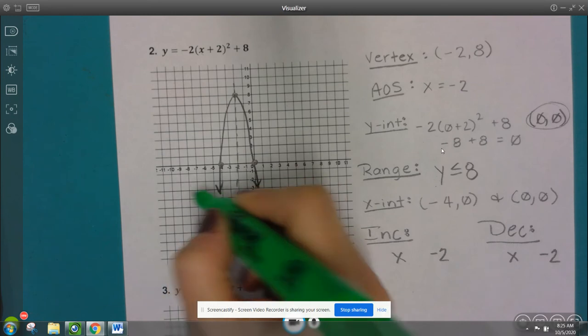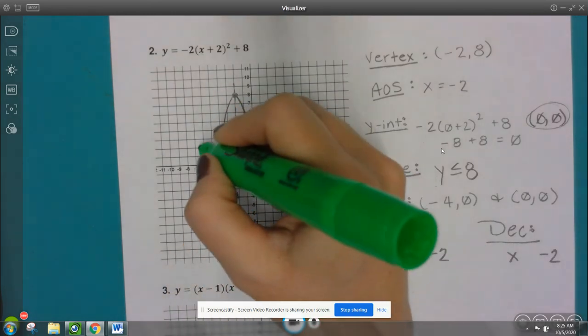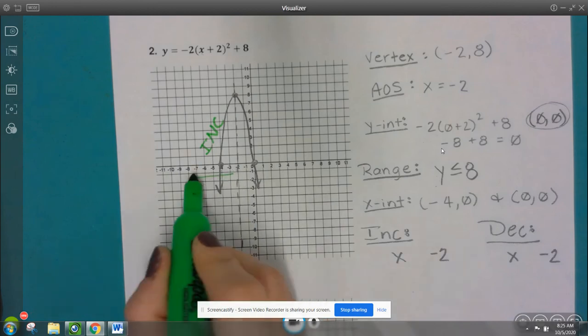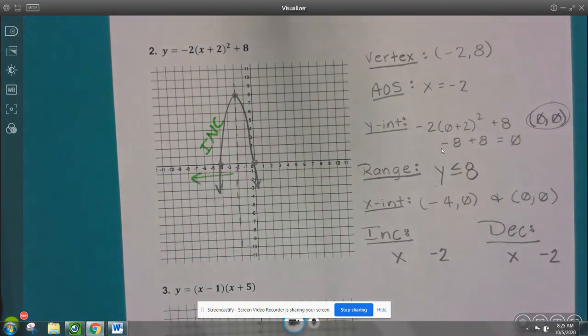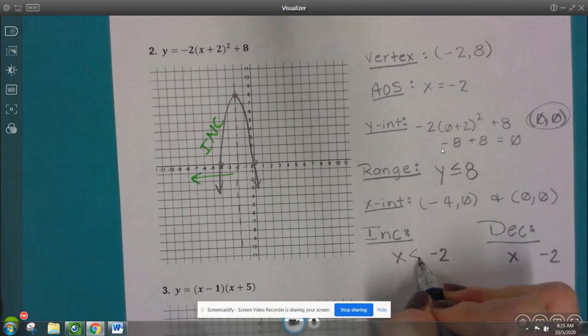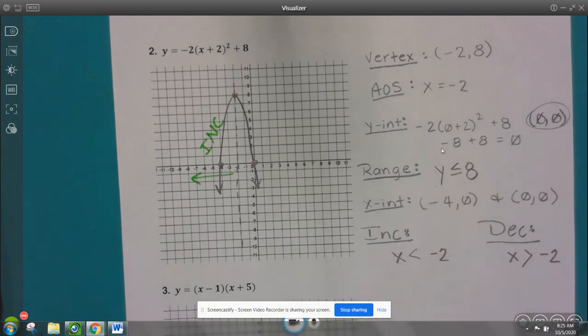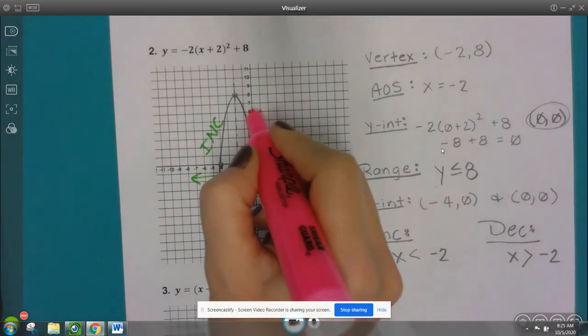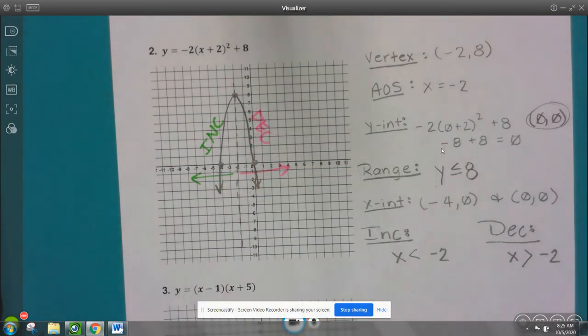So here, as I'm walking from left to right, this is increasing. So increasing is all of the smaller numbers, which means decreasing is all of the bigger numbers. So everything on this side, again, is decreasing.